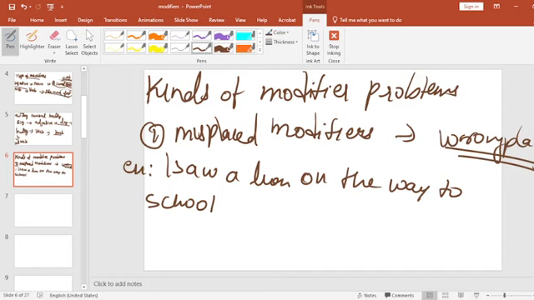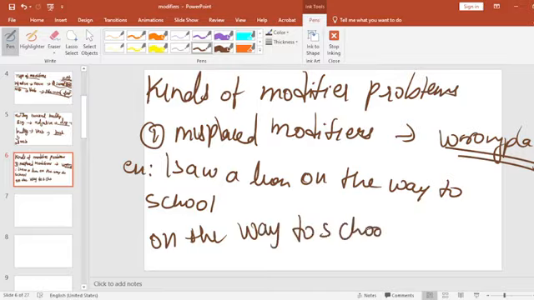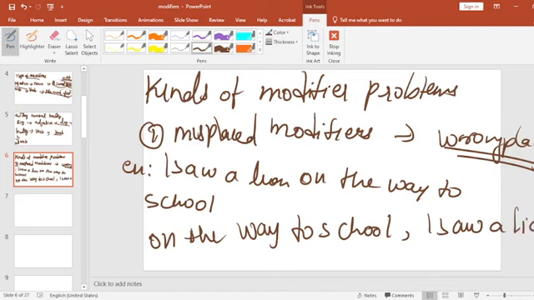That is all about modifiers, right? So how will you do it? On my way to school, comma, I saw a lion. So when you're going to school, you saw a lion. This is what you meant. So now when you are going to the school, you saw a lion. So that's a kind of a big deal, don't you think?